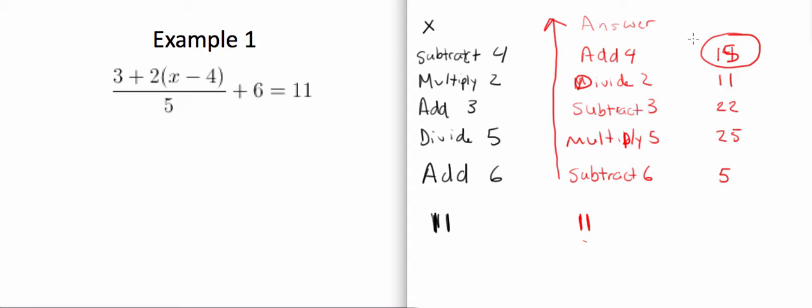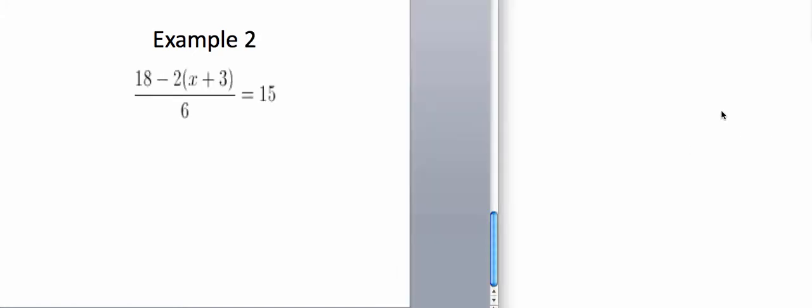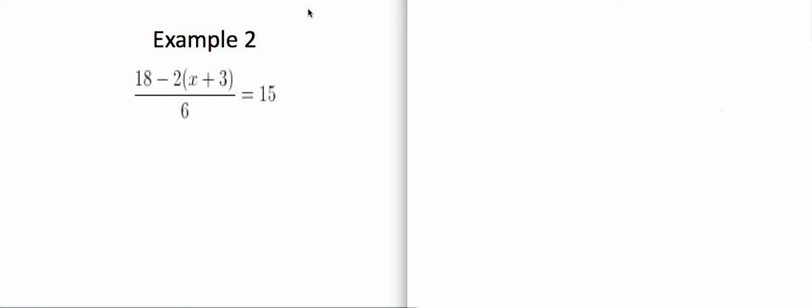I'm going to show you a different way to do this, using some algebra. But if this works for you, go ahead. I know we spent a lot of time with number tricks, so that could be the easy way to work through this. Now the next example, example 2, gives us the same type of problem.